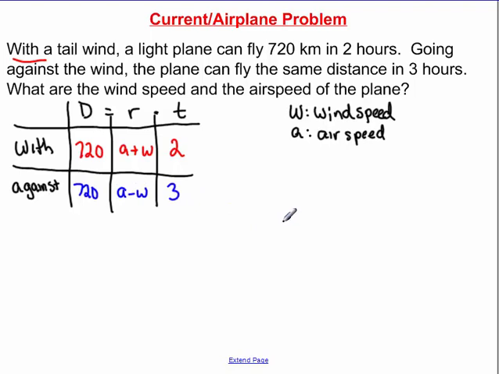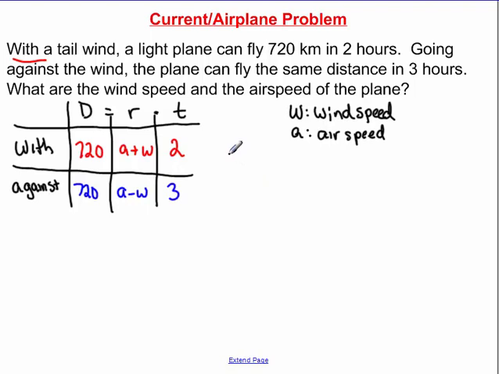When you walk into the wind, it's hurting how fast you can walk. If you're paddling upstream, it is the current coming at the front of your boat, I believe it's called the bow, coming at the bow of your boat, you're trying to paddle, it's making you have to paddle faster to try and go a certain distance. So your airspeed is being hindered by the wind speed.